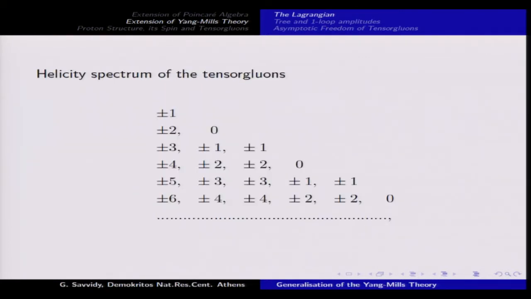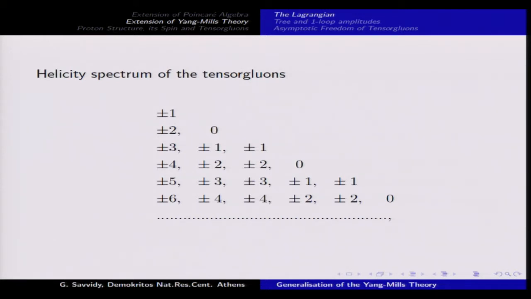So one can study the spectrum and see that the spectrum of the theory contains the Yang-Mills boson with helicity plus minus 1, and a tensor boson with spin plus minus 2 and 0. This is the symmetric part, and this is the antisymmetric part of the rank 2 tensor, which was A mu lambda.